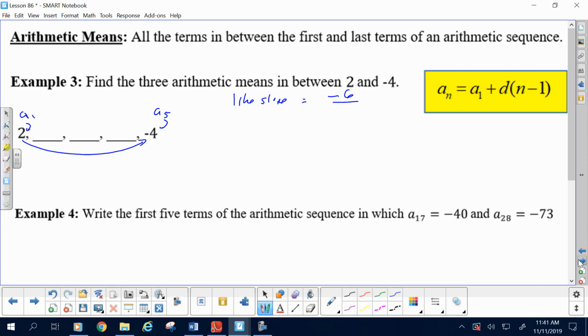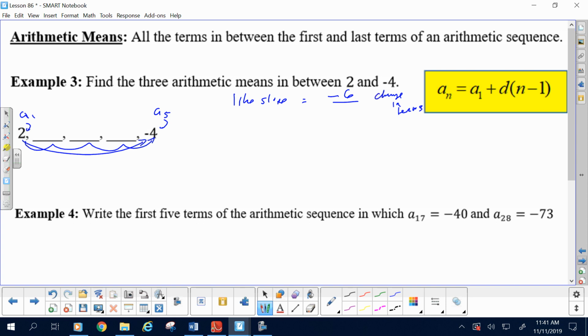That's the total change. I'm going to say that's the change in the terms. And I'm going to divide that by how many terms we took differences between. How many total differences did we do going from 1 to 5? How many jumps did we do? 1, 2, 3, 4. There are 4 jumps from A1 to A5.